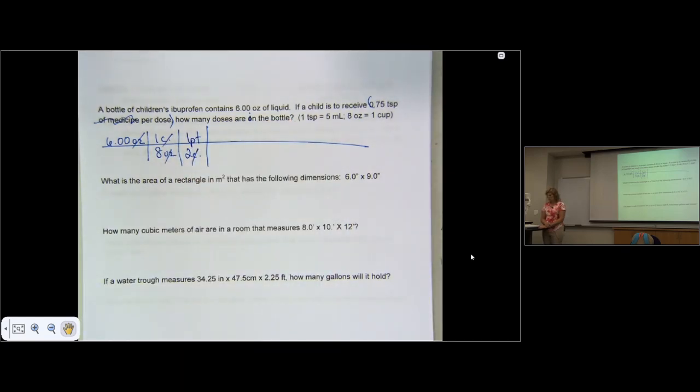To milliliters. Now, there is a conversion, I believe, that gives you ounces and milliliters. Am I right? Could you use that one? Yes, and it makes it shorter. I haven't memorized that, so I'm not going to use that one. But you may, definitely. If you've got that one in your head, do it. My reason I don't choose to memorize all those, because I can solve the dimensional analysis problem.